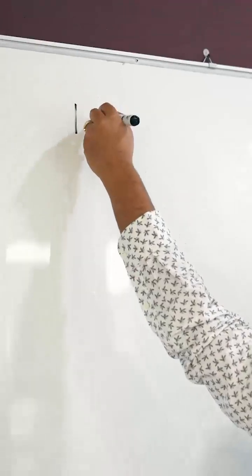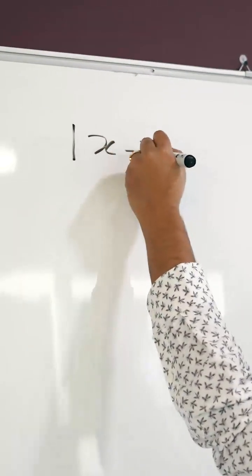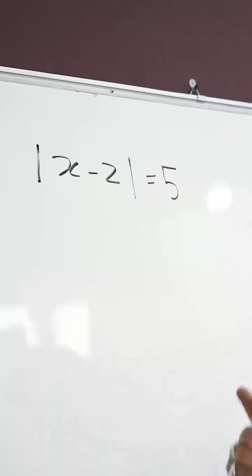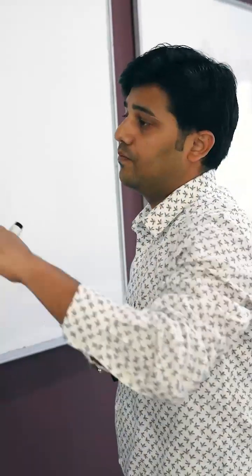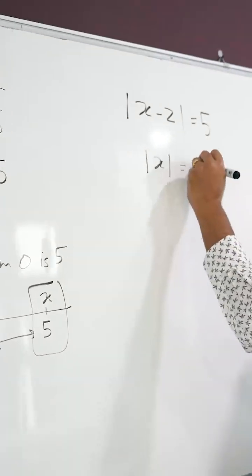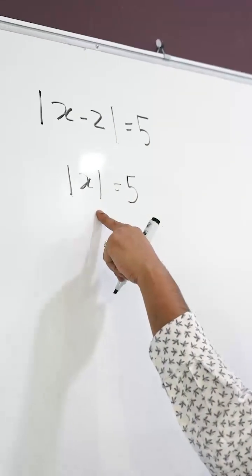Okay, so let's understand one more application for this. Now, for example, if I say mod x minus 2 is equal to 5. In these kinds of scenarios, how will I read this mod in the context of distance? So let's try to understand this. Here I said that mod x is equal to 5. I hope everyone can read this now.